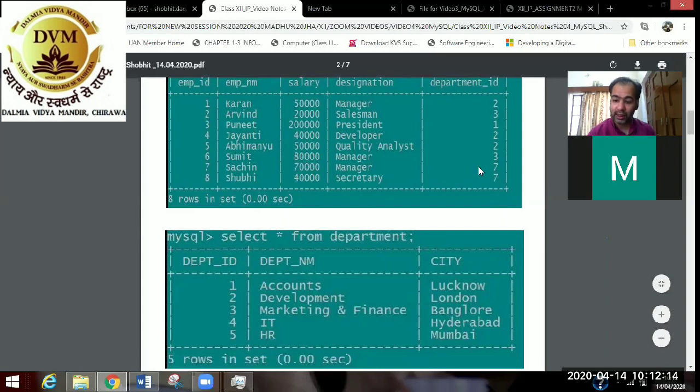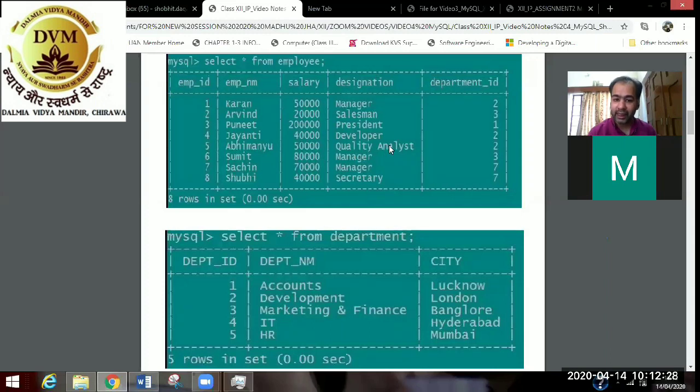The values here are repeating, and some of the values are not even present in this table. So you may consider that the department table is a small chunk of the original table, and not the complete one.